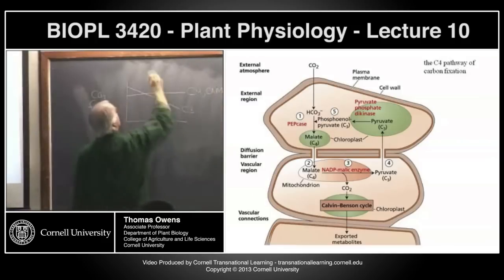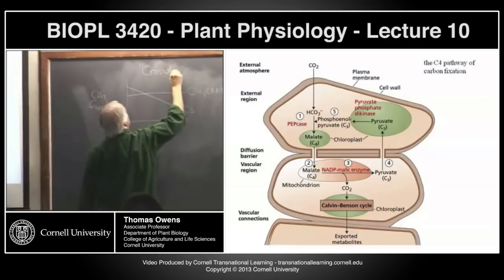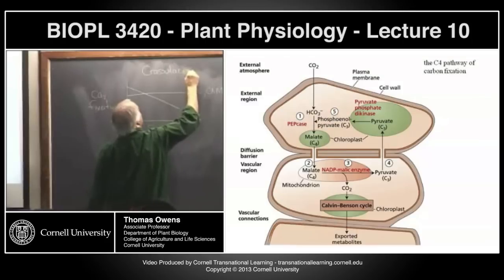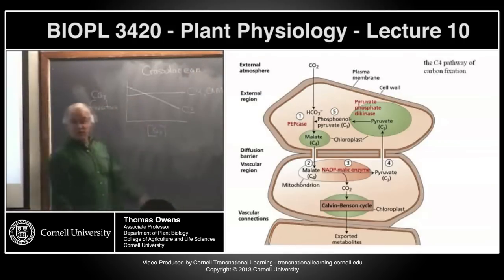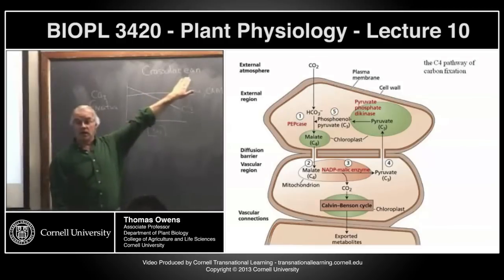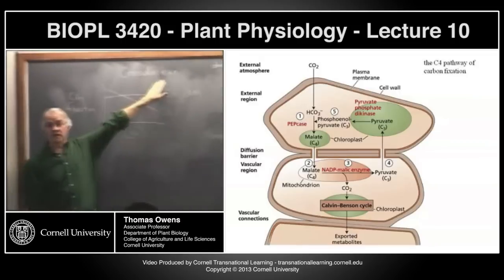CAM stands for crassulacean. I'm terrible at spelling. Crassulaceae are a group of plants, mostly succulents, things like a lot of cactus.